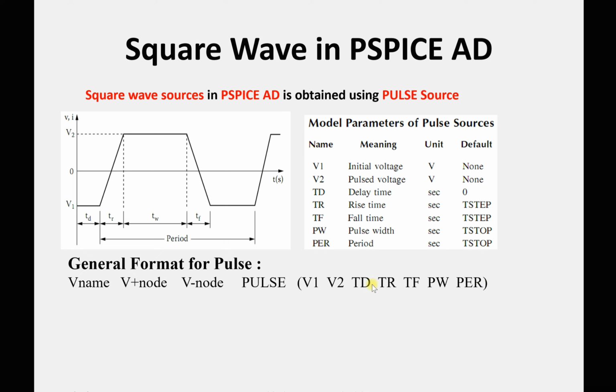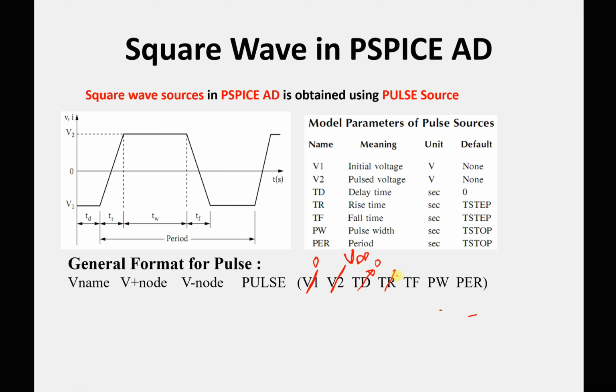The settings of the pulse include V1, V2, T delay, T rise, T fall, pulse width, and period. Here, V1 will be the initial value, which is 0. V2, the final value or the pulsed value, is VDD. T delay will be 0.